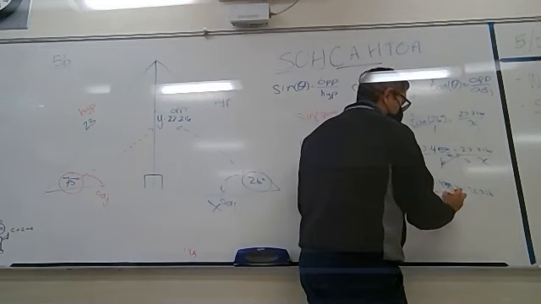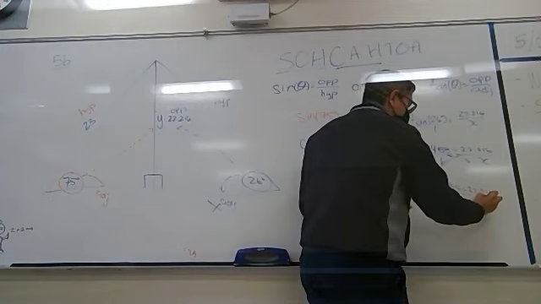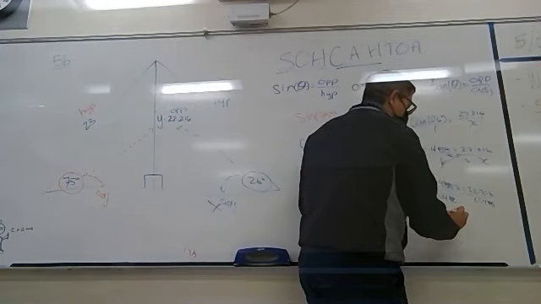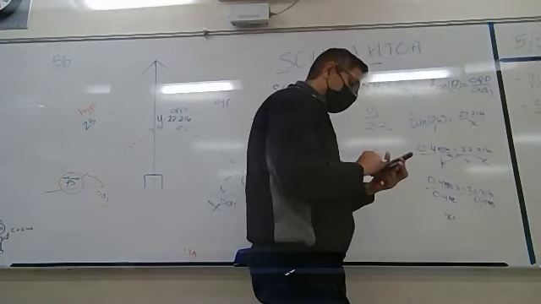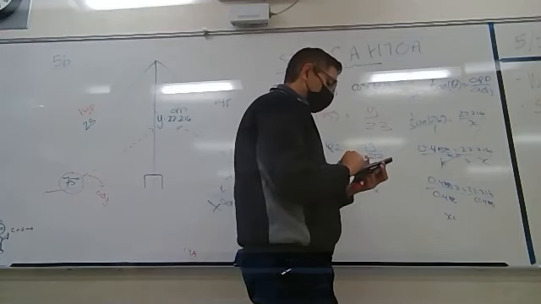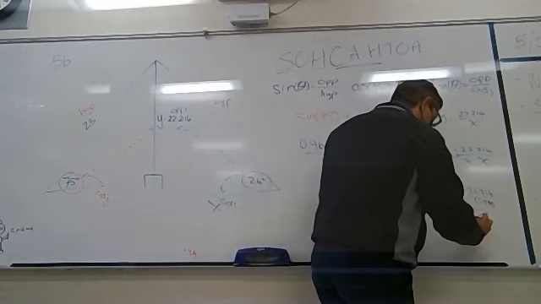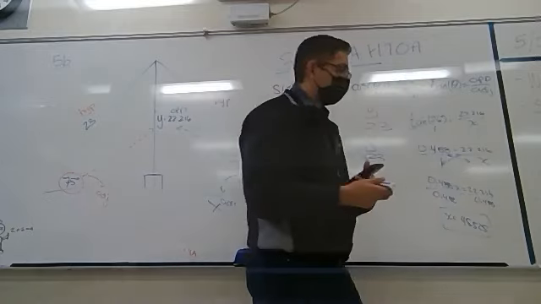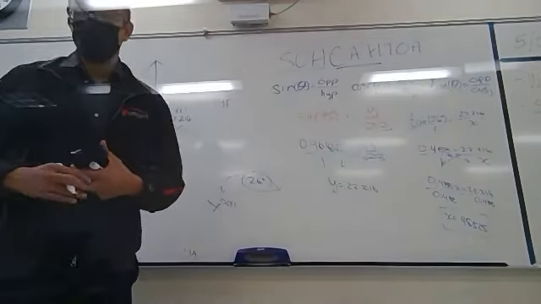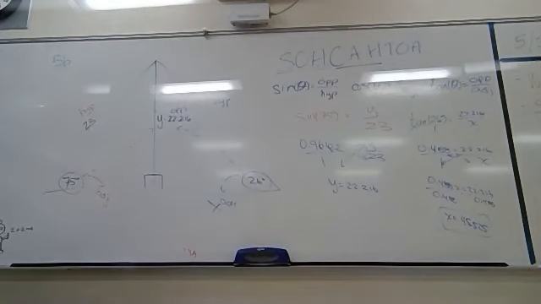Divide by 0.488. I get that x is equal to 45.525 if I round. And there we go. There's our answer. That's how I solved for x.